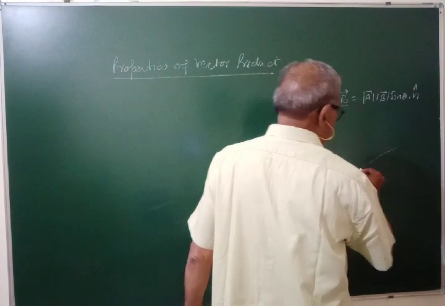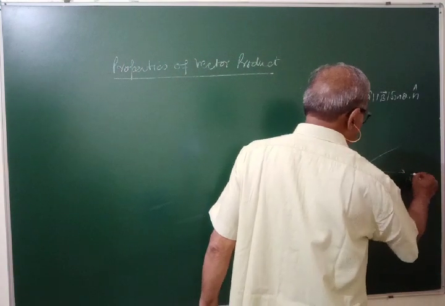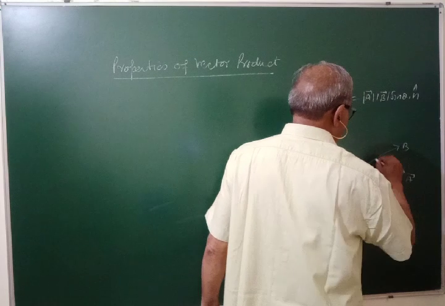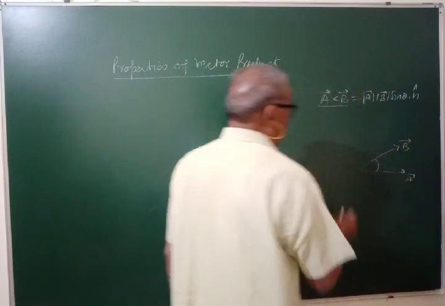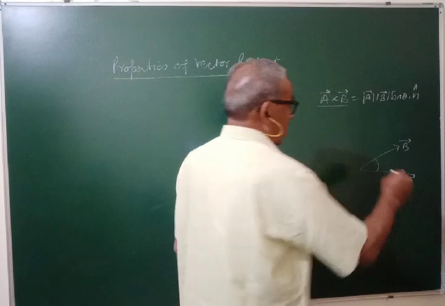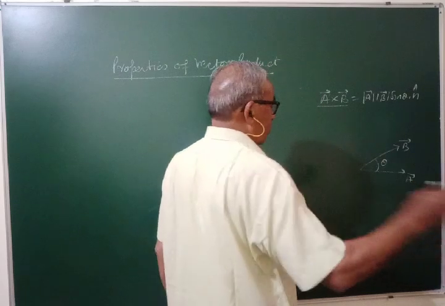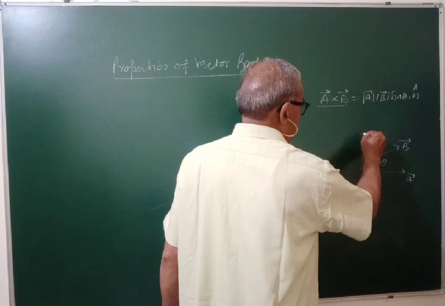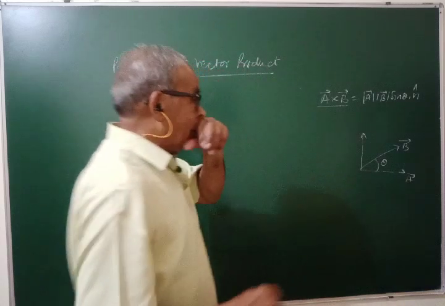And there I proved if this is vector A and vector B, they are lying in the plane of board. So A cross B is normal to plane of board outward, which we saw like this. If it is B cross A, then it will be into it.